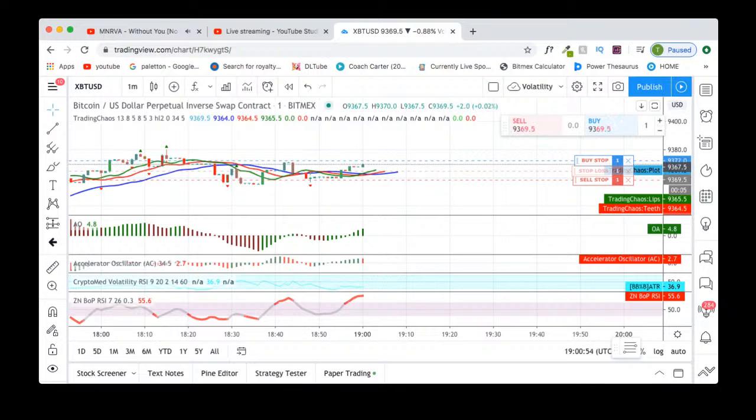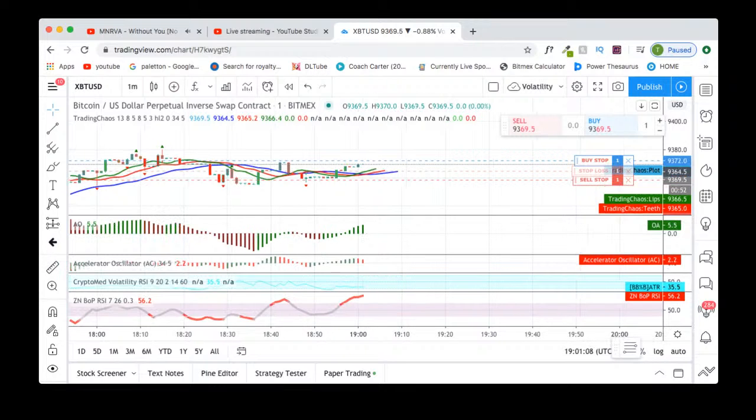So my stop loss ends up helping me exit the trade. Always place a limit buy, a limit stop order. With the Bitmex, when you trade Bitmex, the fees will get you.